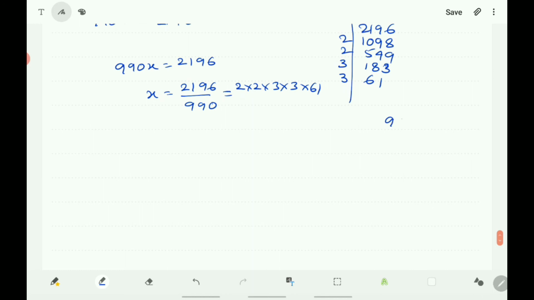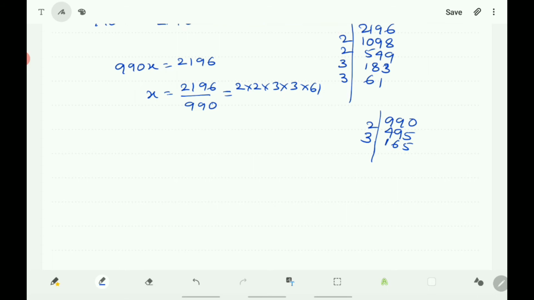Then take 990, and you know that this is divisible by 2, giving 495. The sum of its digits is 18, so it is divisible by 3, giving 165.